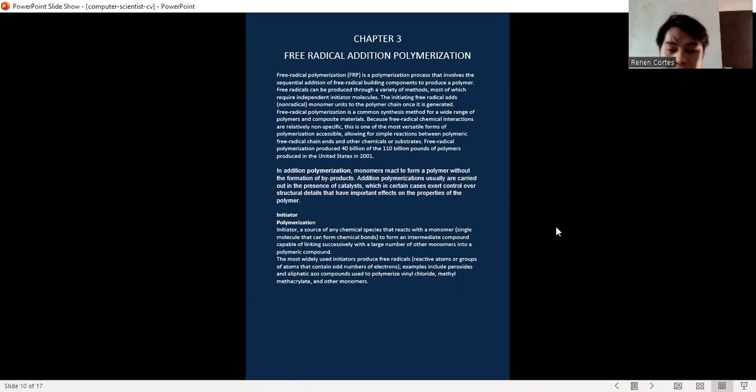So to continue, the third chapter is the free radical addition polymerization. The free radical polymerization or FRP is a polymerization process that involves the sequential addition of free radical building components to produce a polymer.